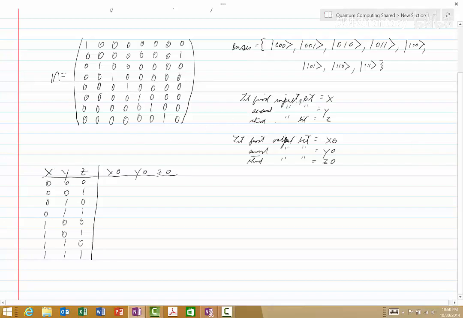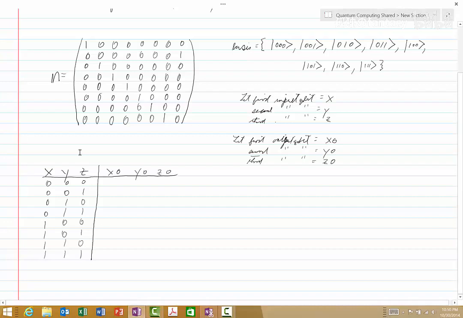So this is the qubit, and the same all the way down. And likewise down here, I'm thinking of qubits. So X is the first qubit, Y is the second qubit, Z is the third qubit, and those are all qubits of the input. And then XO, YO, and ZO are qubits of the output. Once again, first, second, and third.